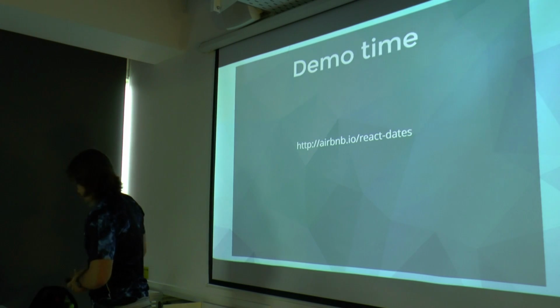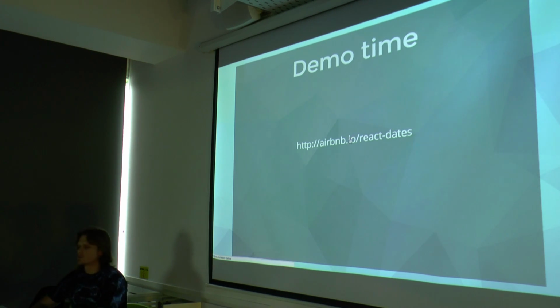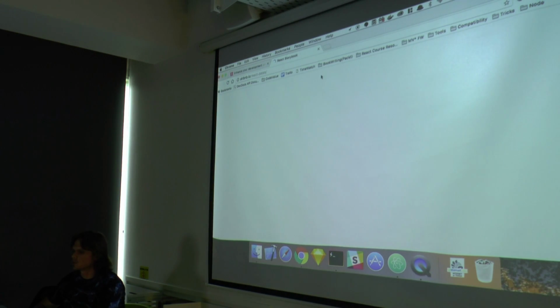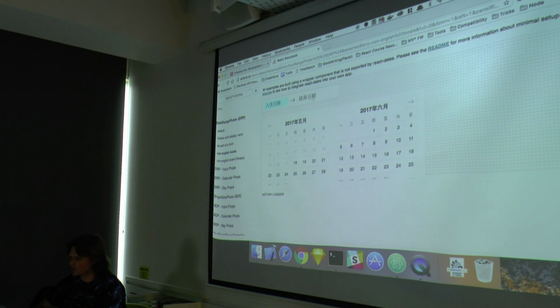So let's check one of the existing storybooks from Airbnb. It's called React Dates. And basically it's a date picker with various options. Like you have a default date picker, you have it hidden with display none, have it as part of a form, have it in whatever language, I don't know, Chinese maybe.